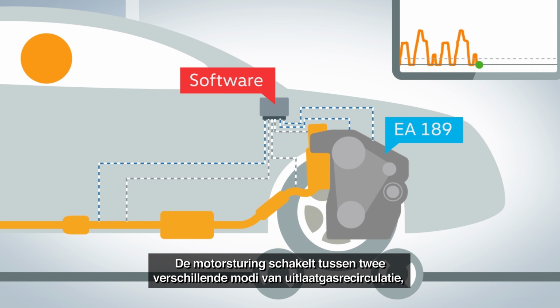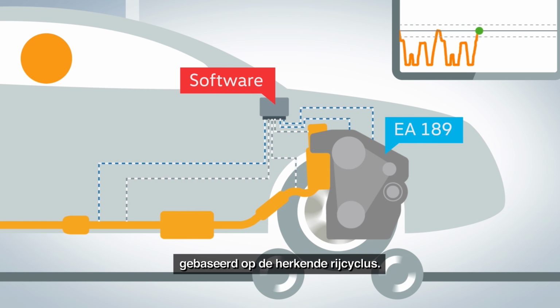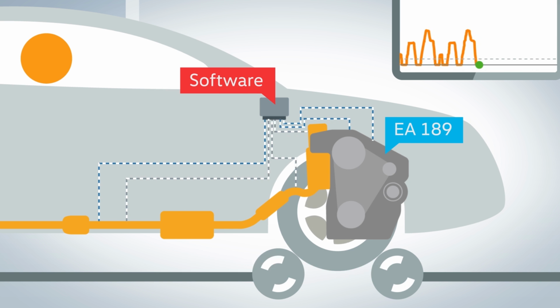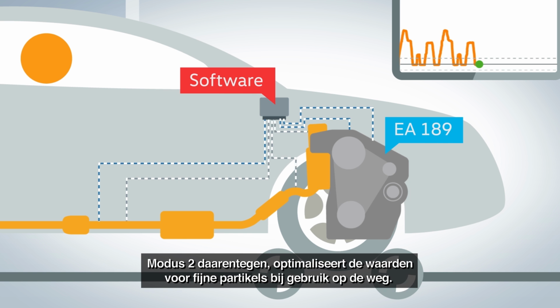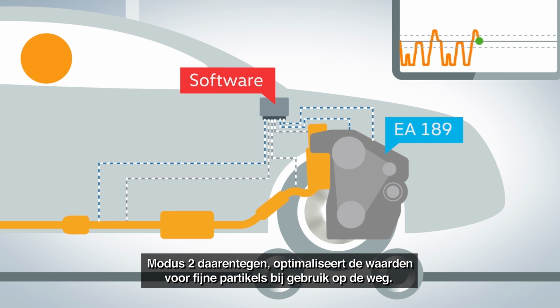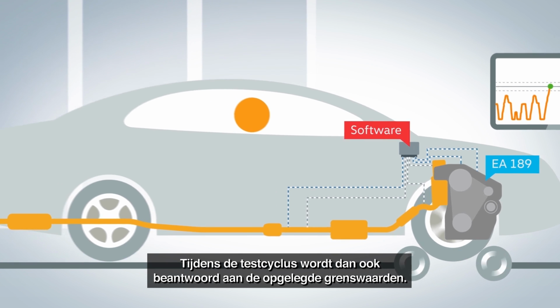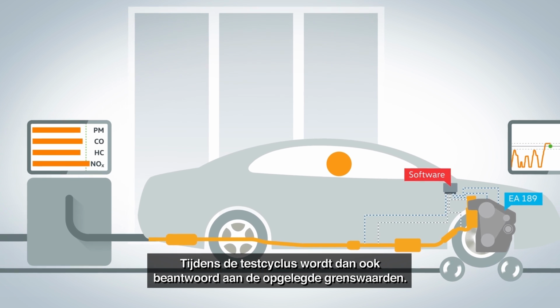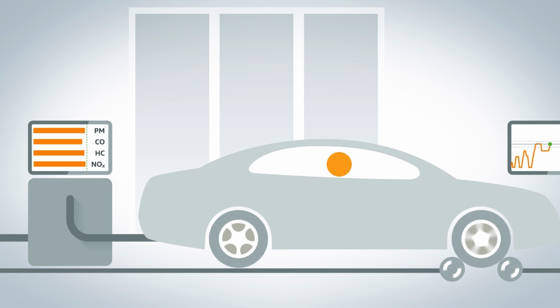The engine control unit switches between two different modes of exhaust gas recirculation based on the driving curve detected. Mode 1 optimizes NOx values under test conditions. In contrast, Mode 2 optimizes fine particle values in use on the road. There is compliance with threshold limits during the testing cycle. The software update does no longer include the switch.